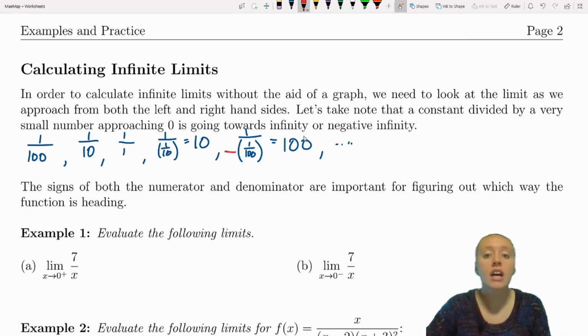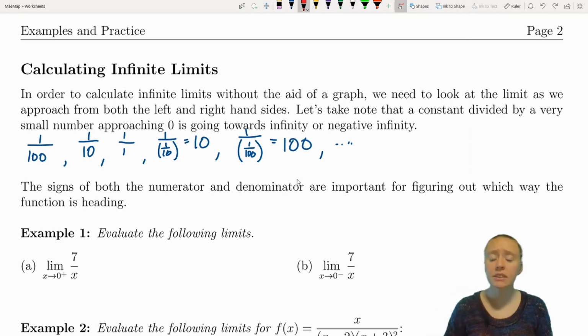Positive over negative, it would go towards a large negative number. So the signs of both the numerator and denominator come into play and are important for figuring out which way that function's heading, whether it's going towards positive infinity or negative infinity as x approaches some value a. So let's take a look at this in example 1.